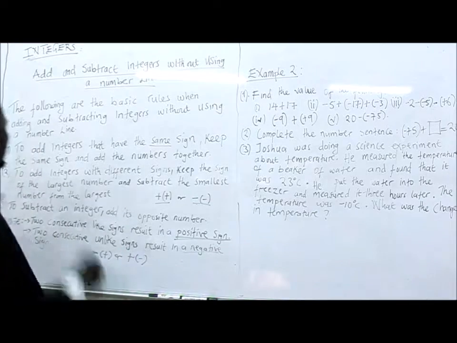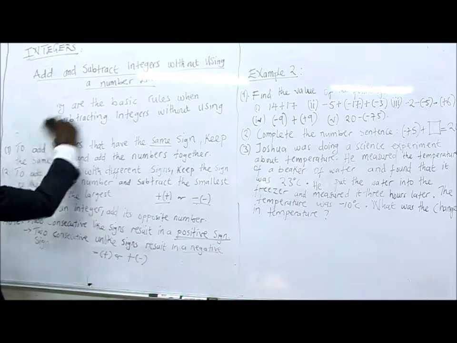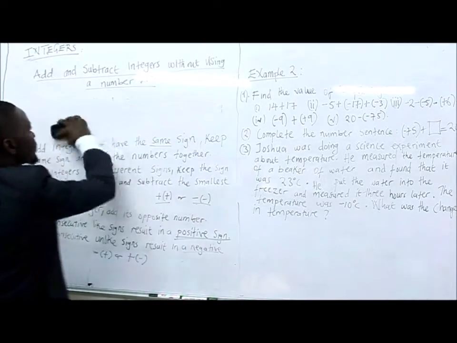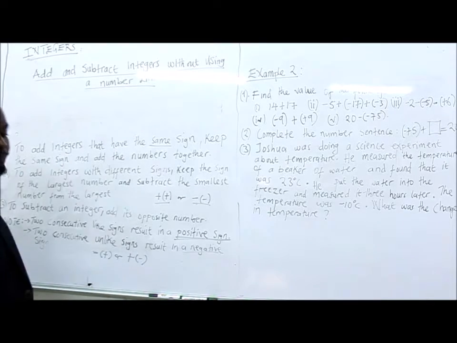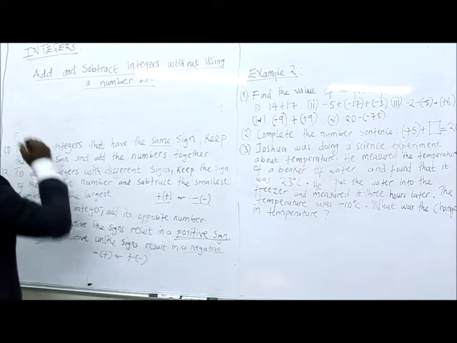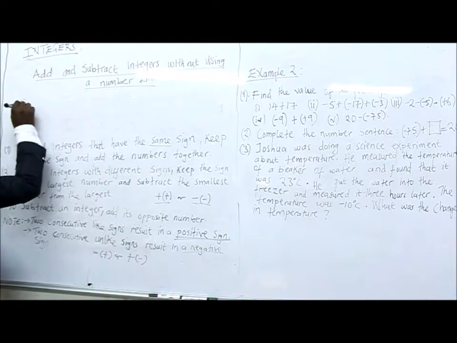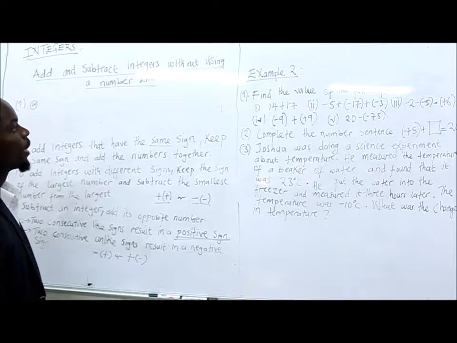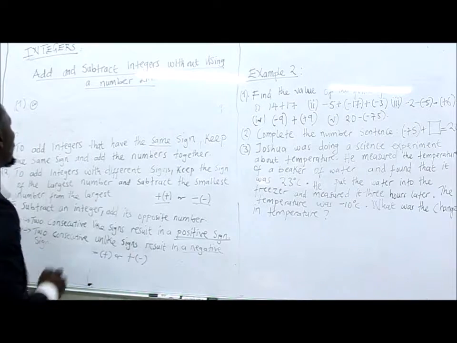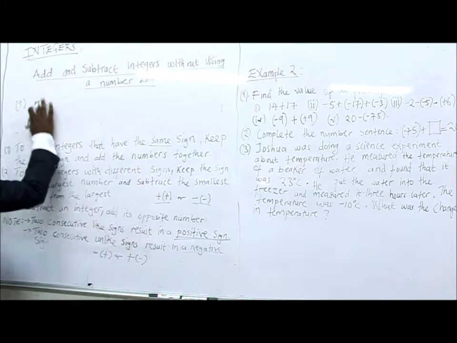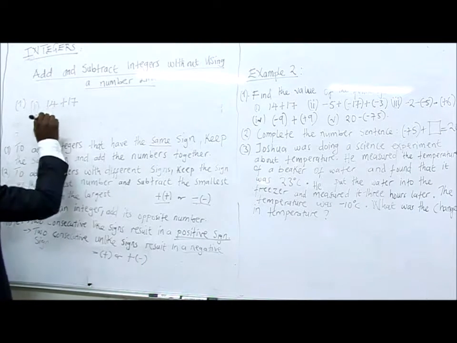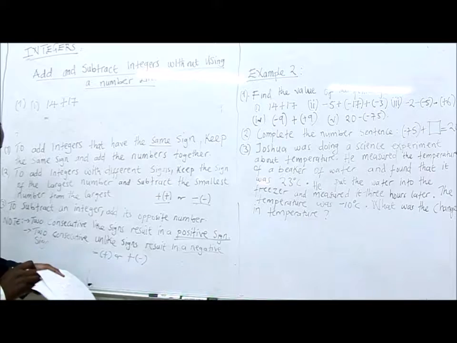Let's go to our examples, as we'll be referring to these rules. Question 1A: find the value of the following. Question 1i is 14 plus 17.